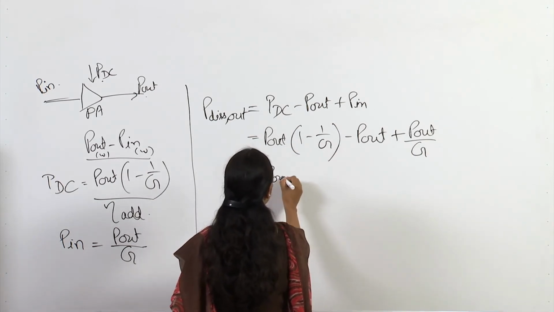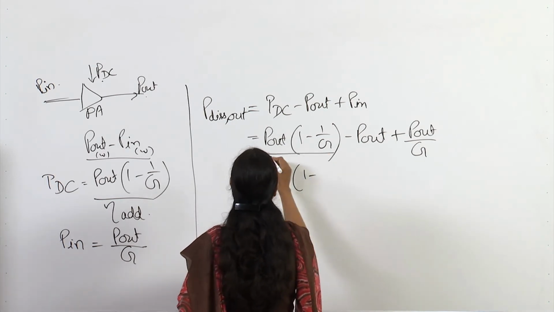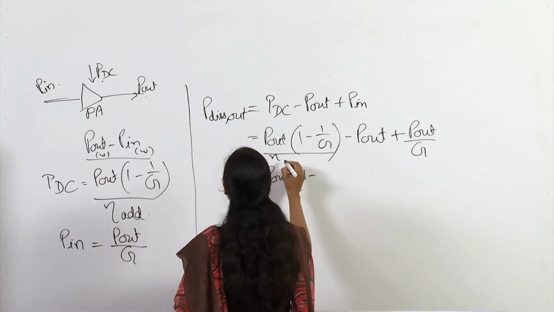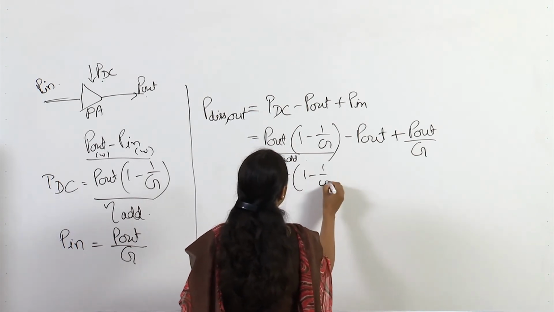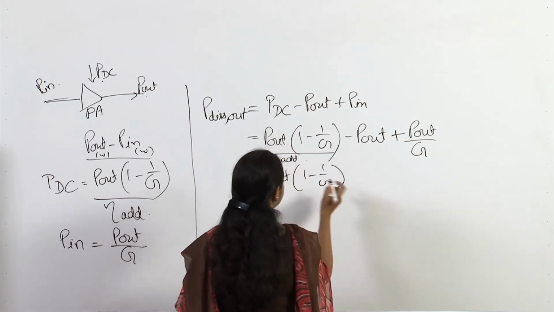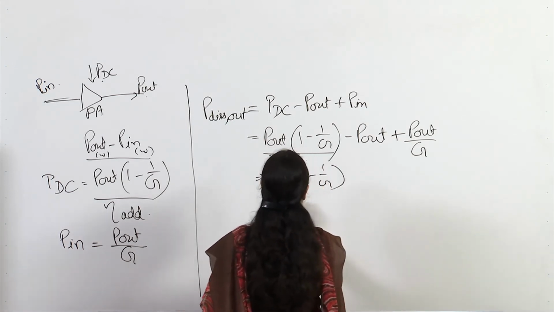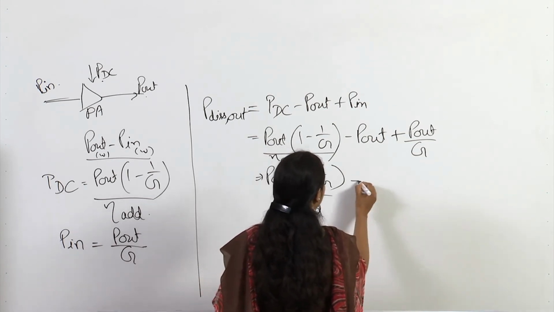P out times (1 minus 1 upon G) divided by the power added efficiency, minus P out.